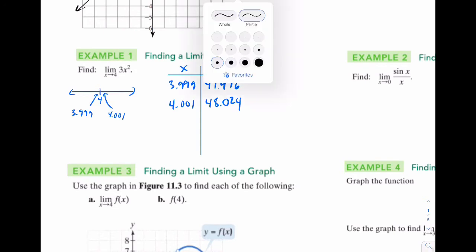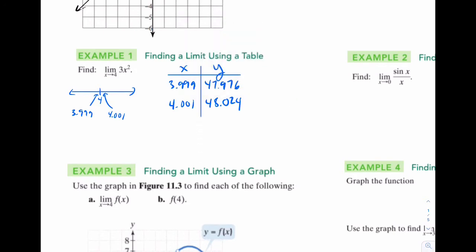So the limit, this thing right here, we can actually write the notation out pretty cleanly. This limit is equal to the number 4. Oh, sorry, not 4. Number 48. Because we can see as x approaches 4, right here, these numbers are approaching 48.